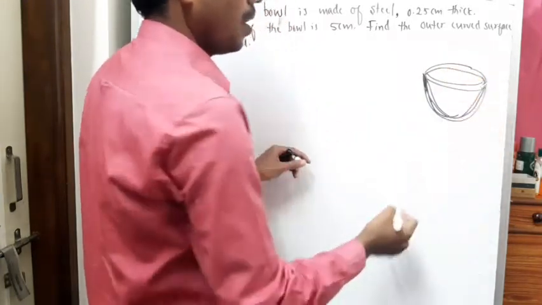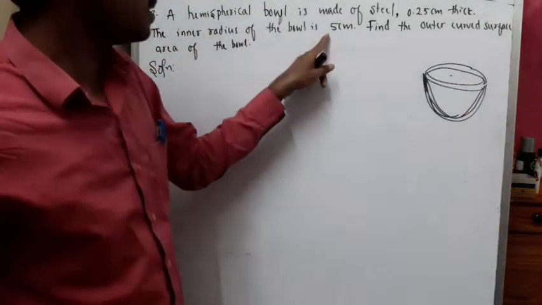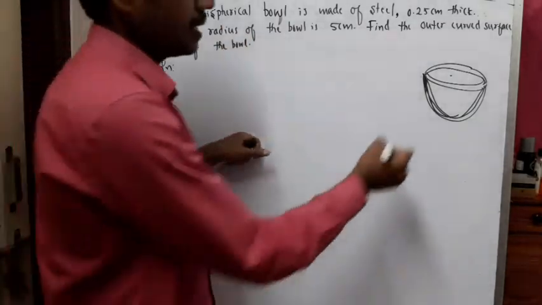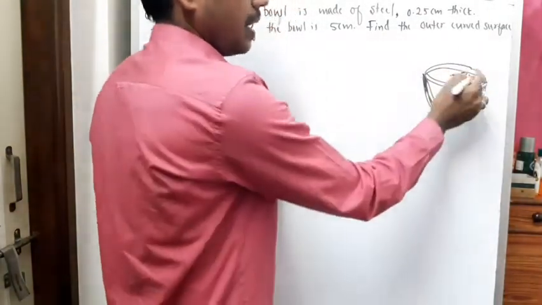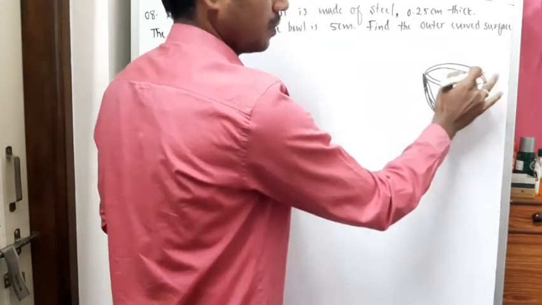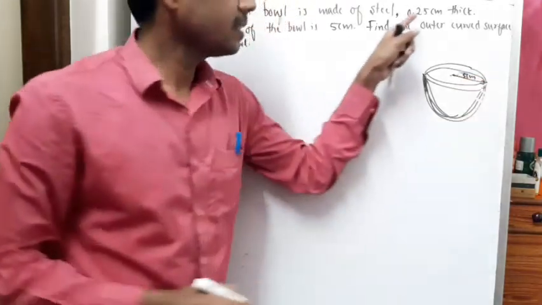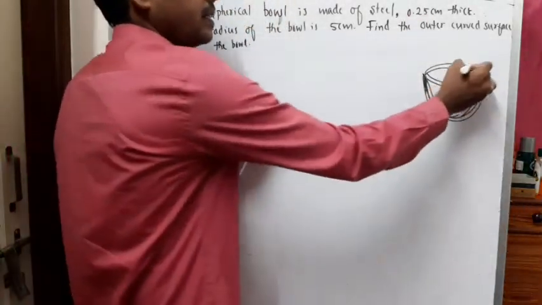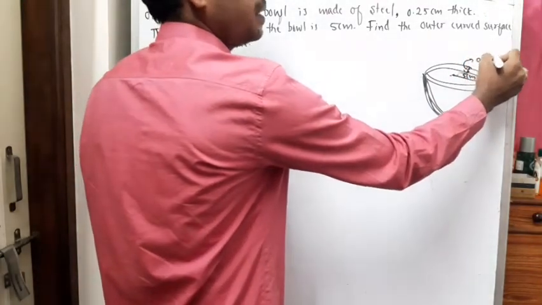Now, what they have given: the inner radius is 5 centimeter. And it has a thickness of 0.25 centimeter.